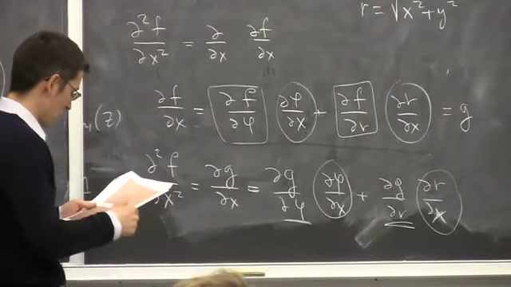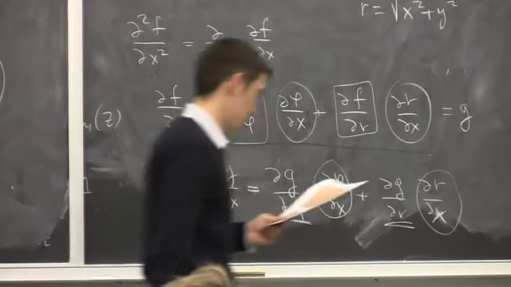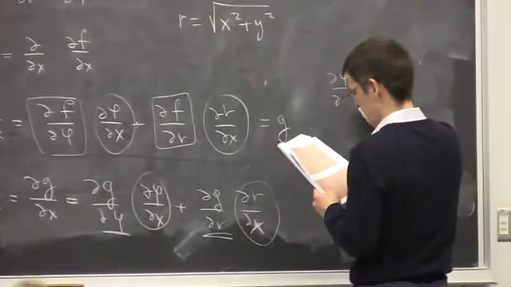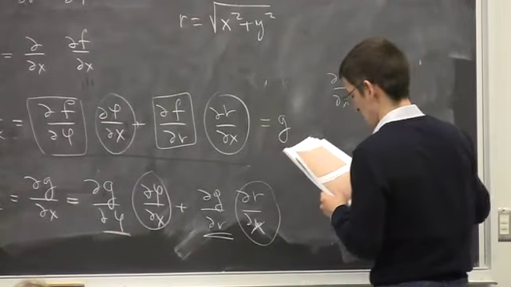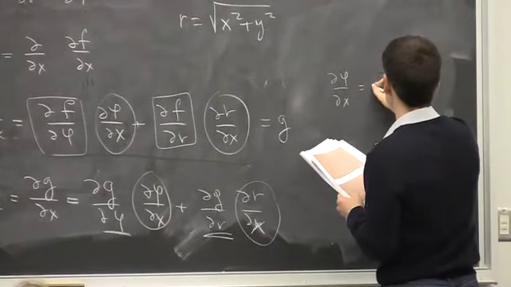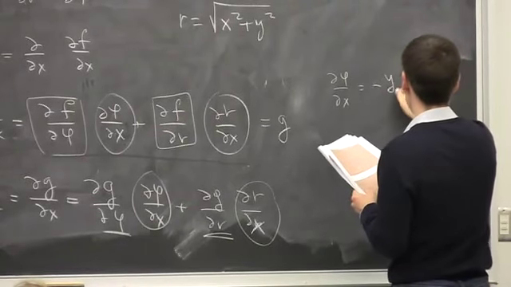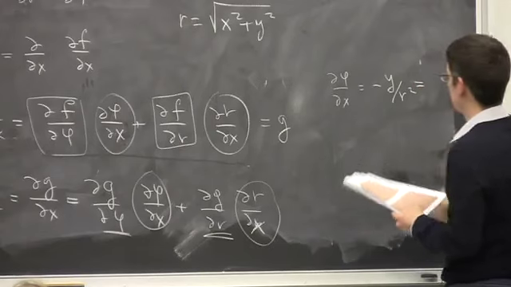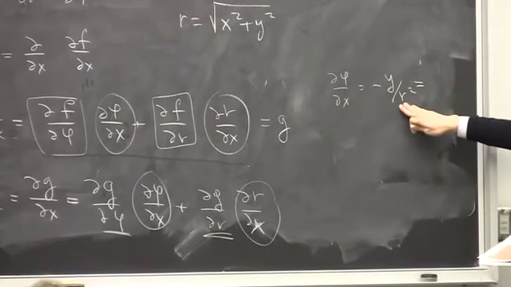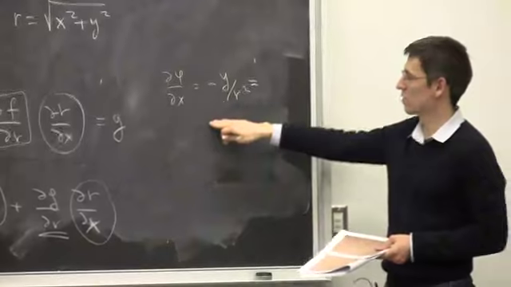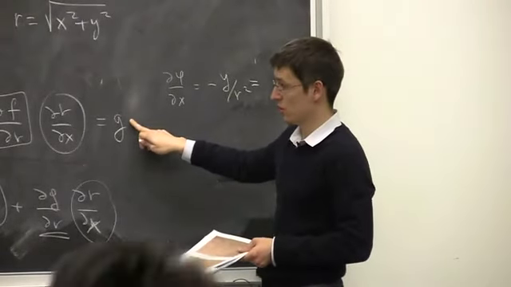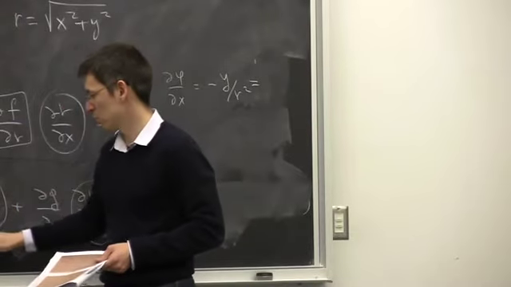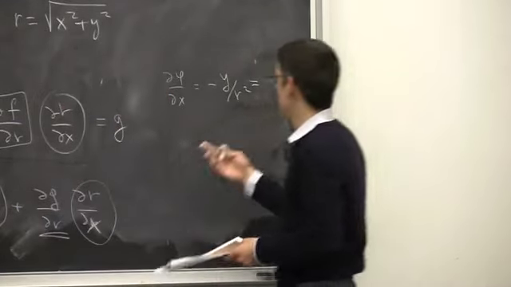Okay, now let's start with the simple things, and I will tell you that d phi over dx is equal to minus y over r squared. We can leave it as is, but as you can see, this is a part of g, and g later we need to differentiate with respect to phi. What does this mean?